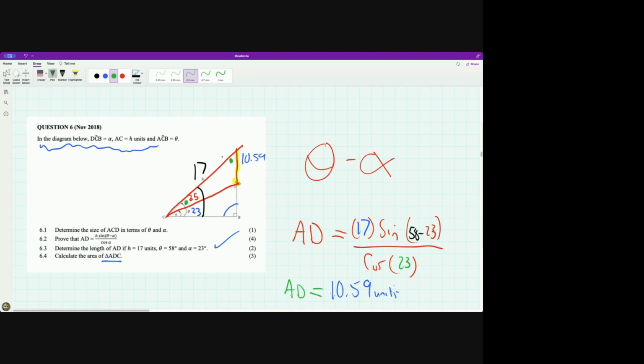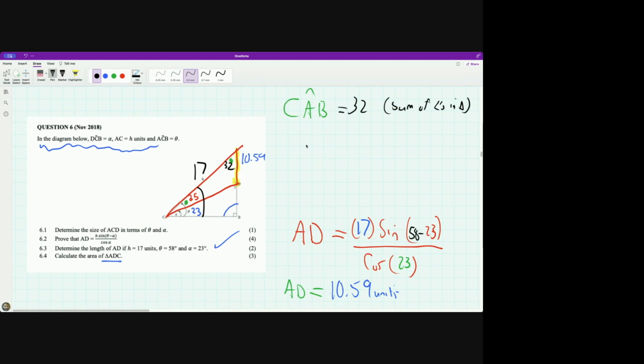That green dot over there, we'll call it angle CAB. What does that need to be? Well, I'm going to go 180 minus 58 minus 90, and I'm going to get 32. So that's going to be sum of angles in triangle.